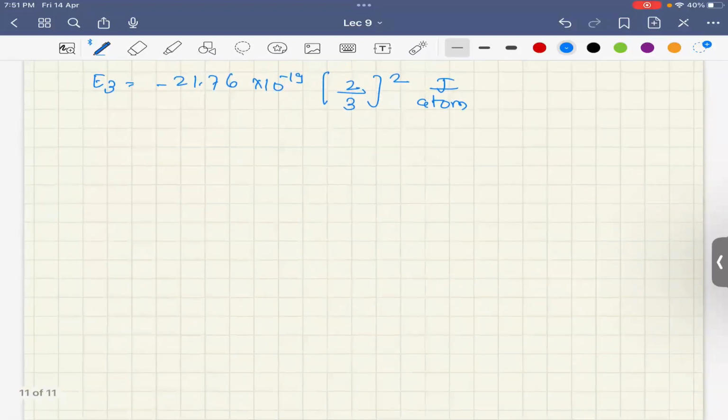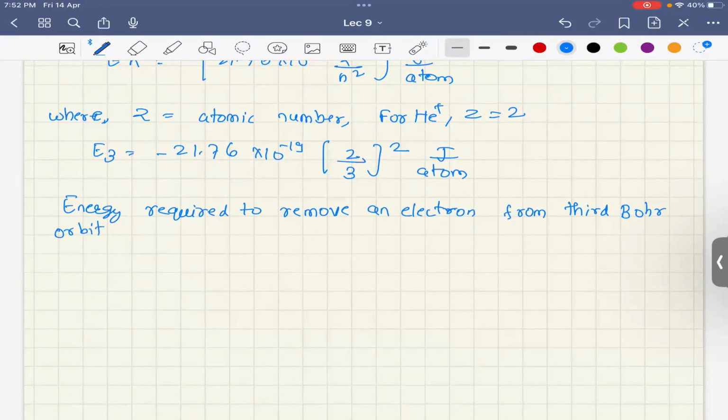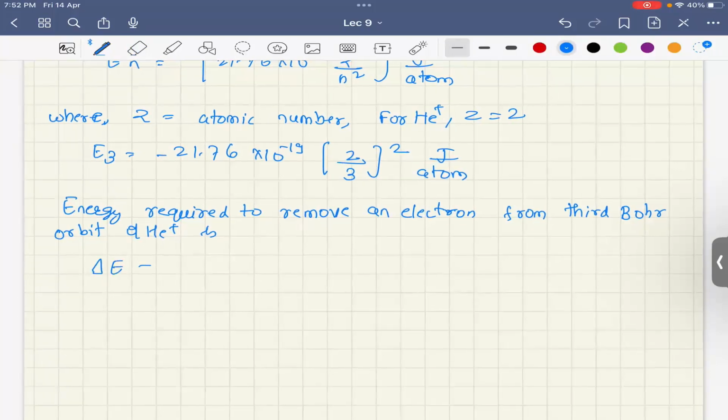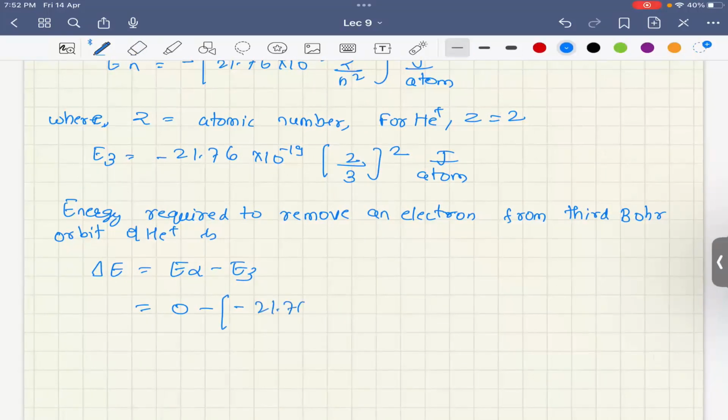Now the energy required to remove an electron from the third Bohr orbit of He plus ion is going to be delta E, which is nothing but E infinity minus E3. At infinity the energy is 0, so it is 0 minus of minus this value, 21.76 × 10^-19 × (2 by 3) whole square.